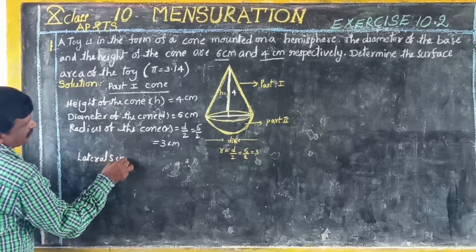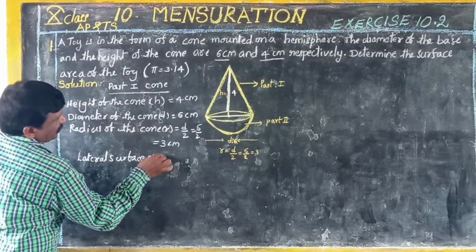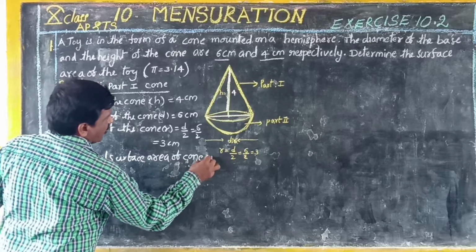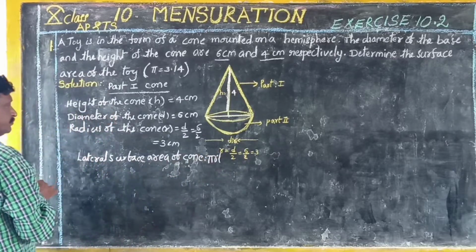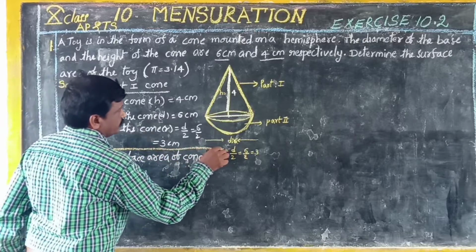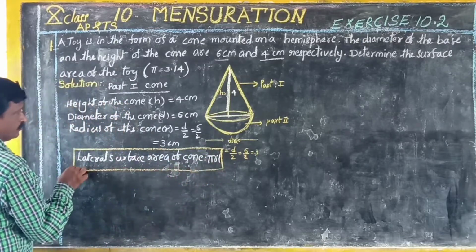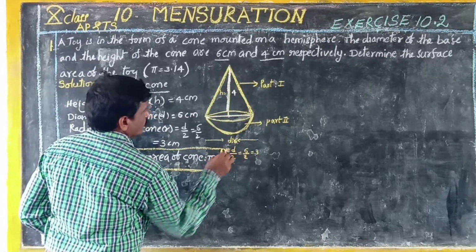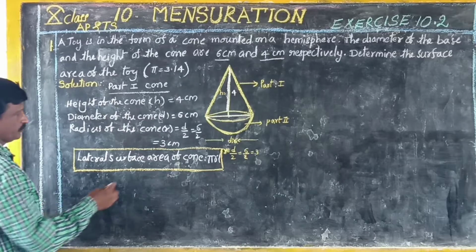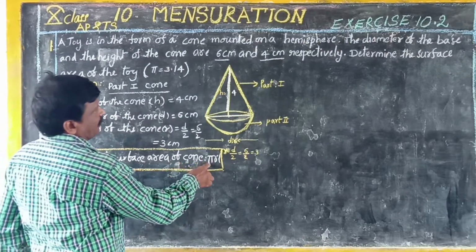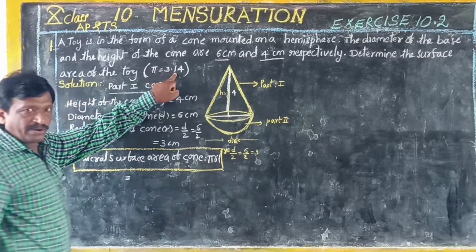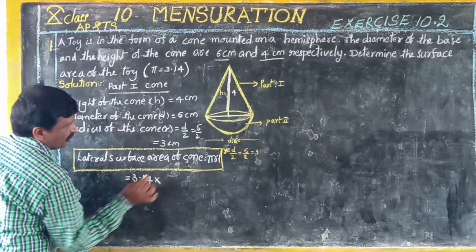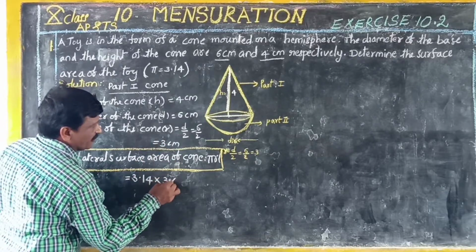Lateral surface area of cone is pi R L. Pi is 3.14 or 22 by 7, into R, 3 centimeters.